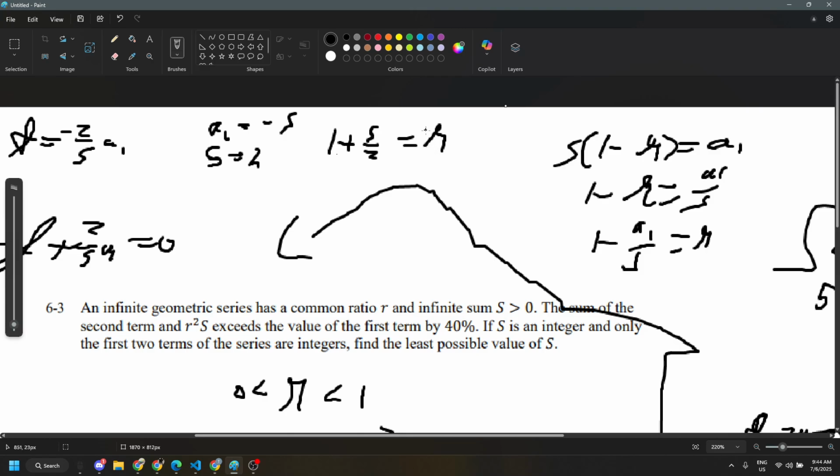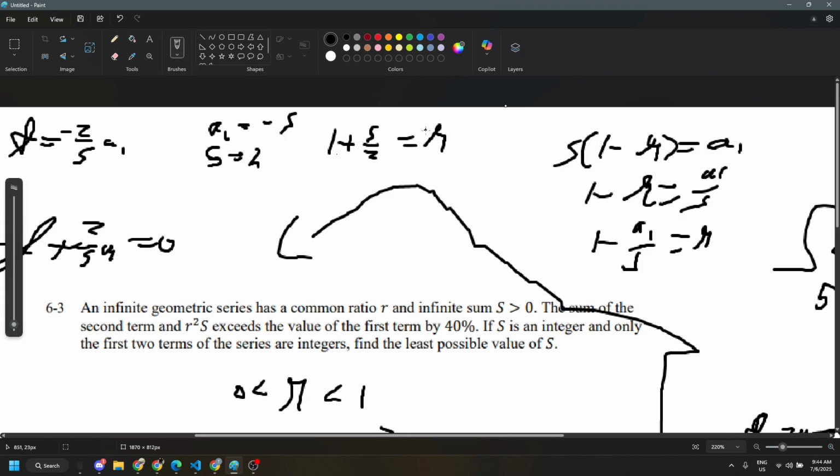No, then A1 can't be negative, because r is... Since r is positive, does r have to be positive? r can't be greater than 1.